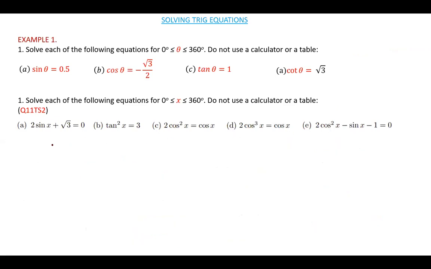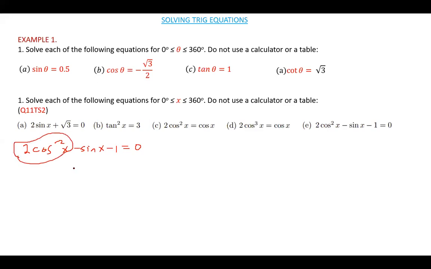So for E here, you have 2 cos squared x minus sine x minus 1 is equal to 0. So the first thing that you have to change here is this part here.